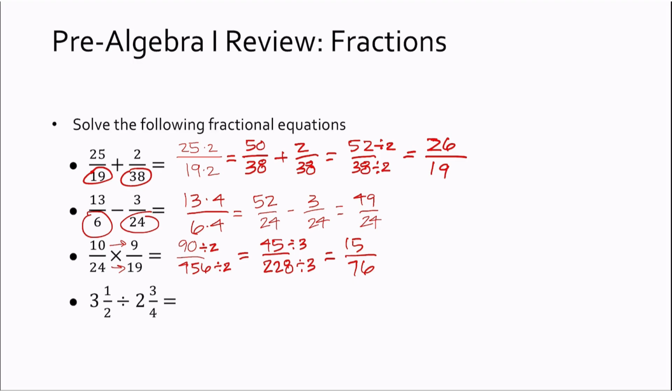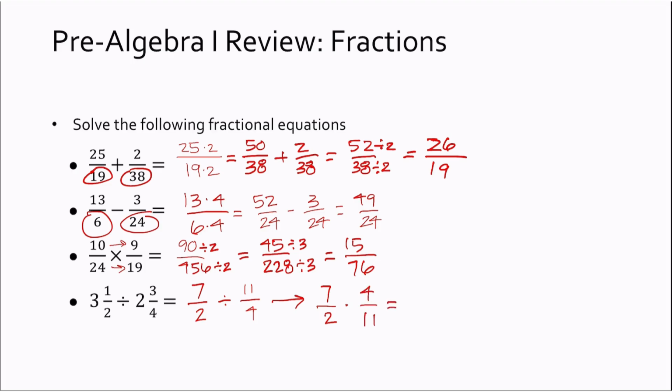So 3½ is the same thing as 7/2 divided by 2¾, which is the same thing as 11/4. And remember, when I'm dividing fractions, I'm flipping that second fraction and turning this into multiplication.